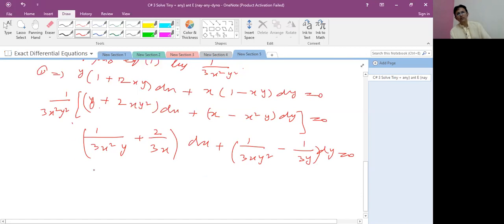Each term is multiplied by the integrating factor according to the method.